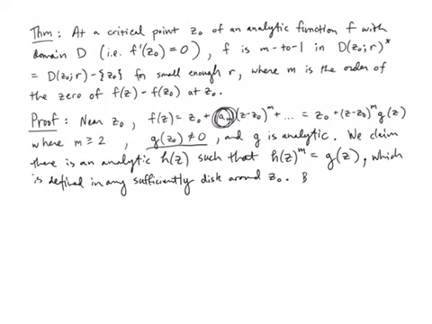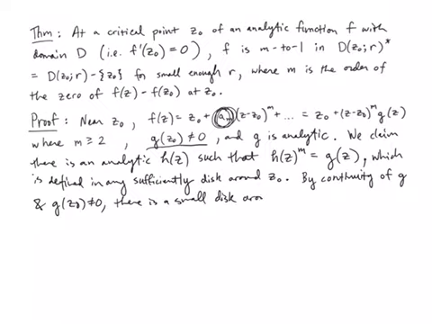So by continuity of g and g at z0 not equal to 0, there is a small disk around z0 such that g of z is not equal to 0. So now we have a function which doesn't vanish in a disk, and a disk is simply connected. So what we can do is find an analytic logarithm for this function g.